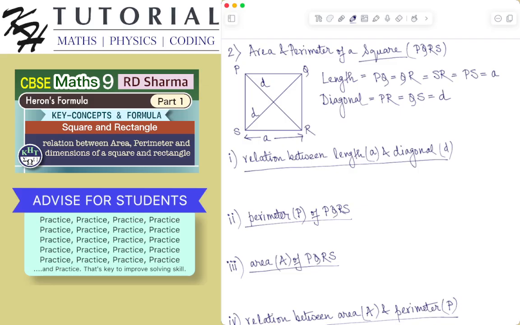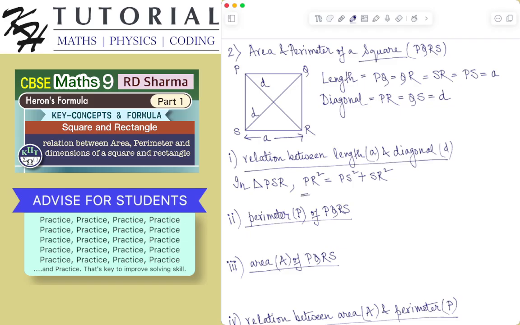Same concept: in the right angle triangle PSR, using the Pythagoras theorem, PR square is equal to PS square plus SR square.